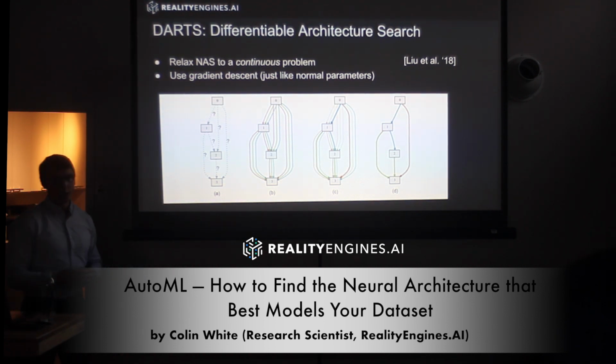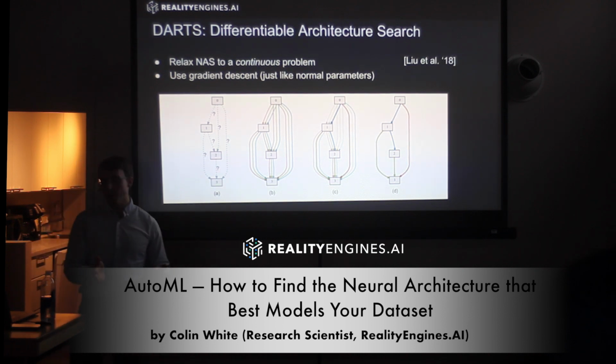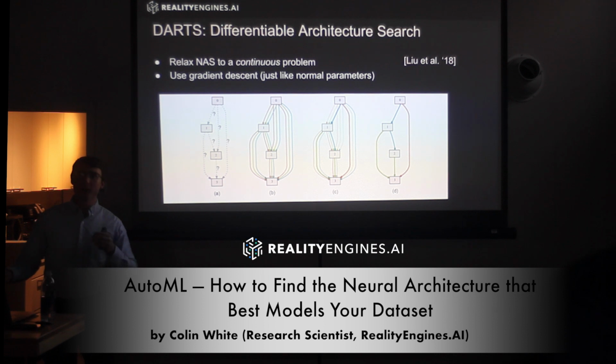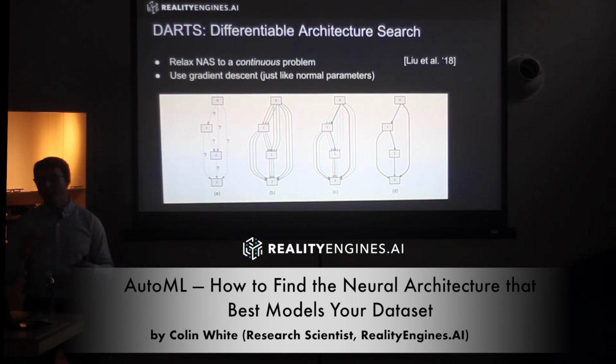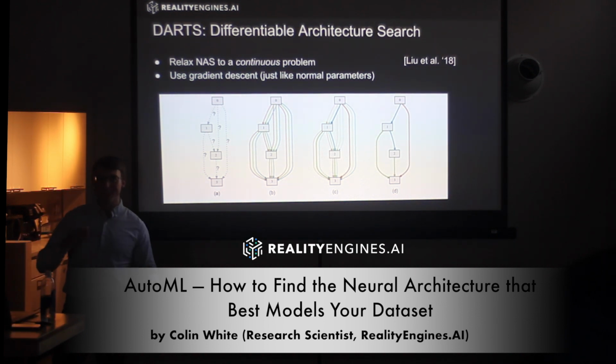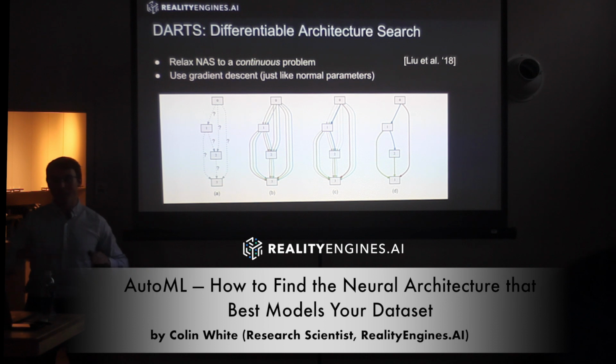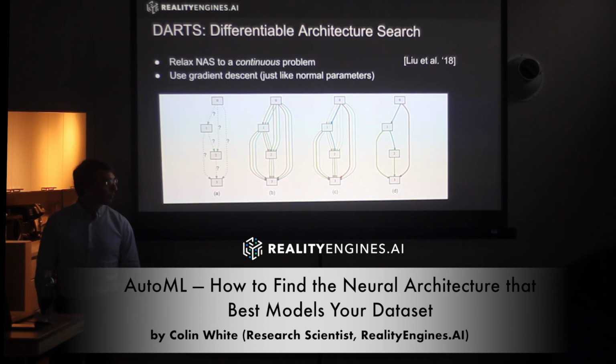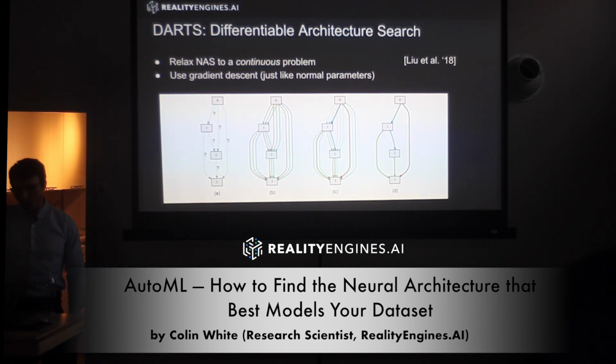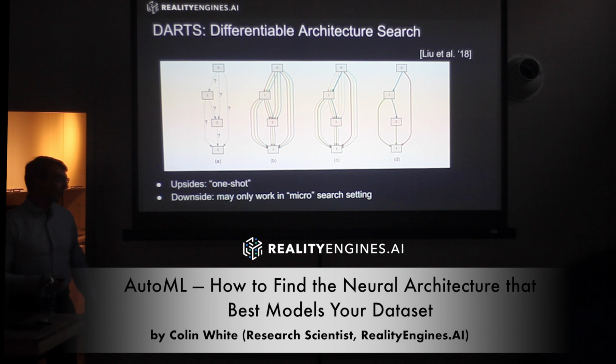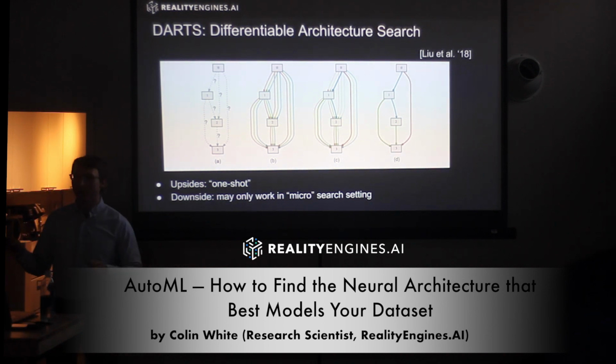So the algorithm is, we start with a neural network, and we learn the architecture and we learn the parameters and the hyperparameters in parallel, where in every iteration we switch off between doing a gradient step for the parameters and a gradient step for the hyperparameters. And they actually showed, even though this seems like a complicated problem, it converges to a pretty good architecture. The benefit of this method is we only have to train a single architecture.